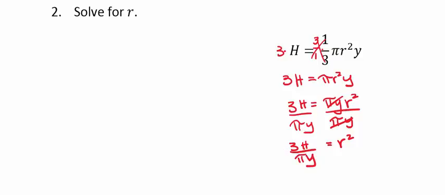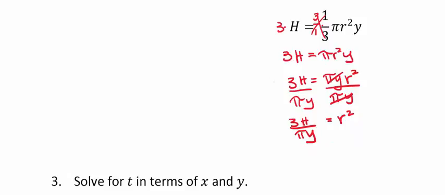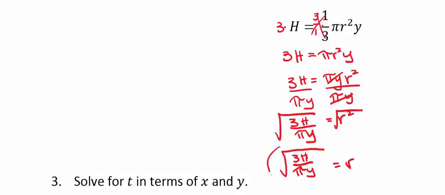And I am solving for r, not r squared, so I need to unsquare the r squared. So I'm going to take the square root of both sides. And so my final answer will be the square root of 3h divided by pi y equals r. Please stay tuned for the question that follows.